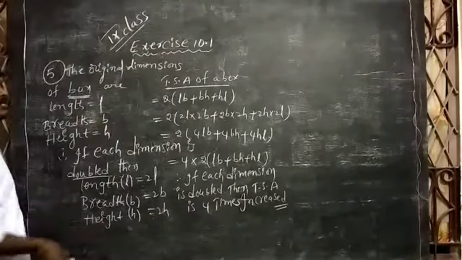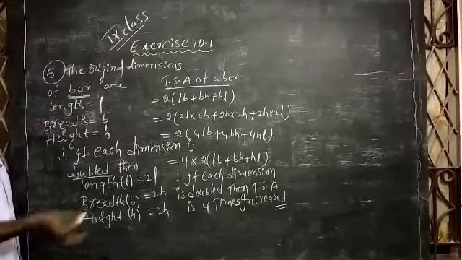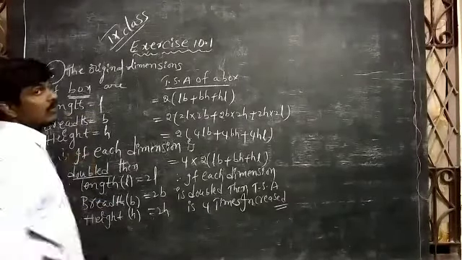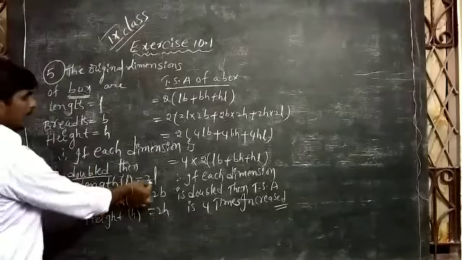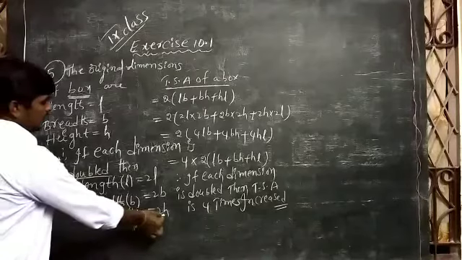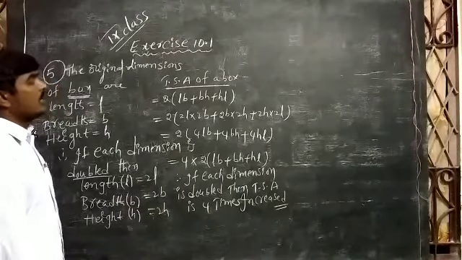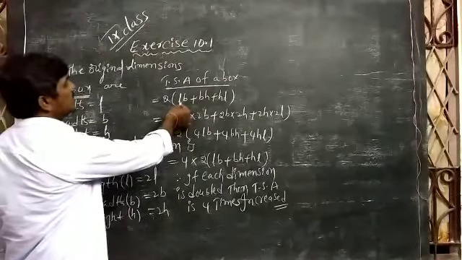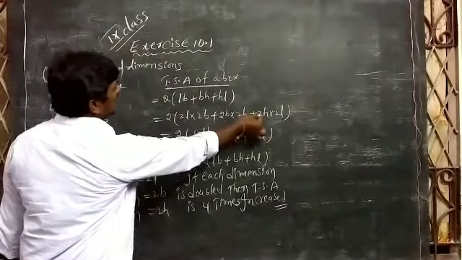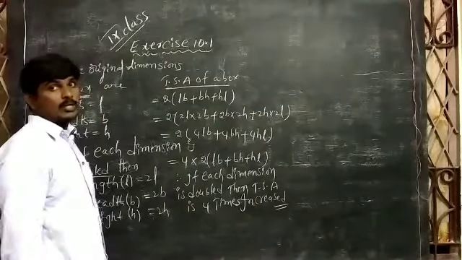If each dimension is n times, then length is NL, breadth is NB, height is NH. Then here L becomes NL, B becomes NB, H becomes NH, like that we can write.